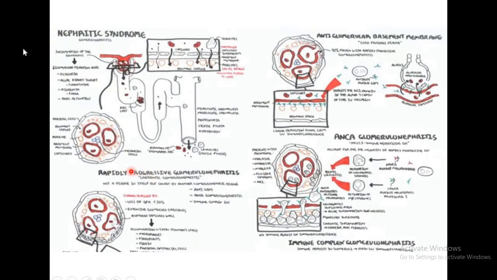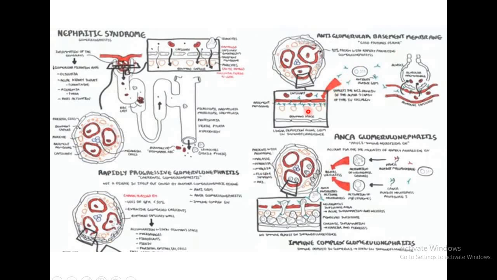So this finishes the complete topic of nephritic syndrome. First we started with the definition of nephritic syndrome. We understood why there is hematuria, why there is proteinuria, why there is leukocyturia, what causes oliguria, why there is hypertension, and why there is azotemia. And then we started with anti-GBM disease.